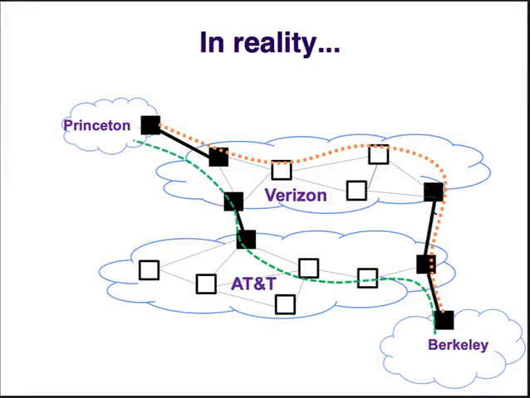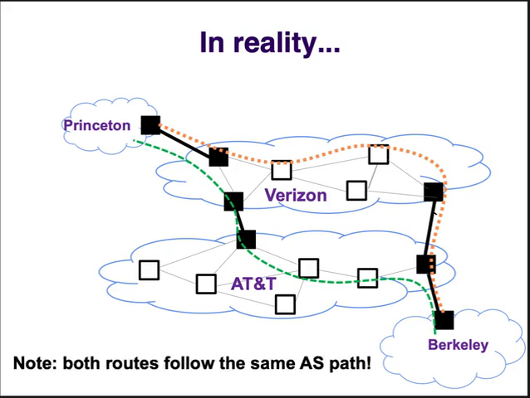Notice this is the same AS level path: Princeton, Verizon, AT&T, Berkeley. At the router level, it's a pretty different path. In one case, you're switching from AT&T to Verizon on the West Coast, and in the other case, you're switching between them on the East Coast.